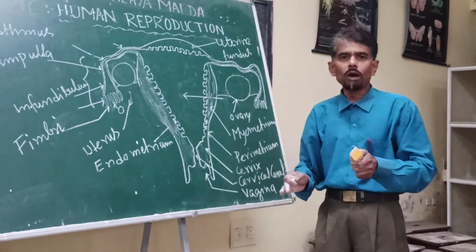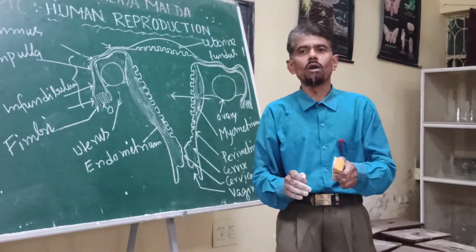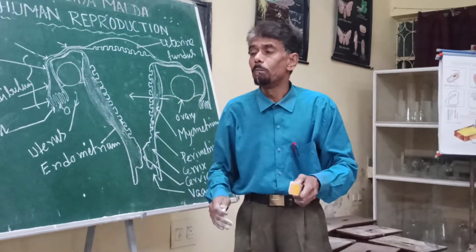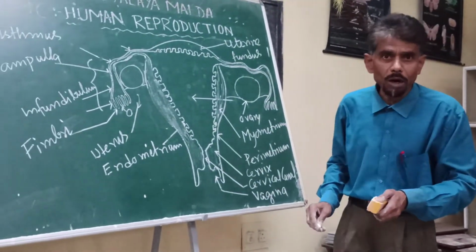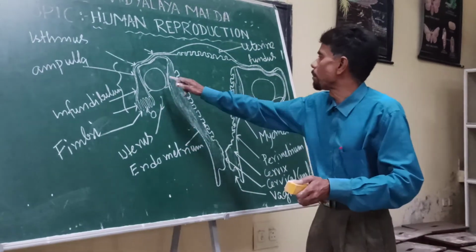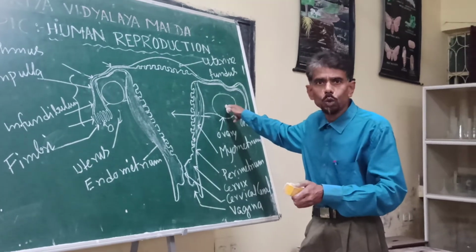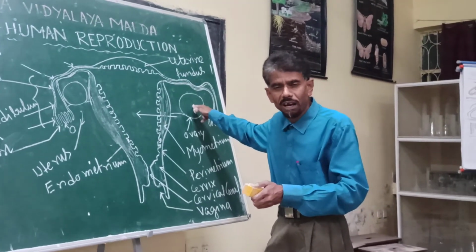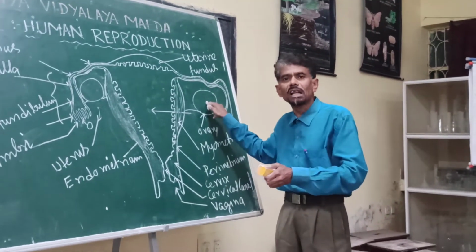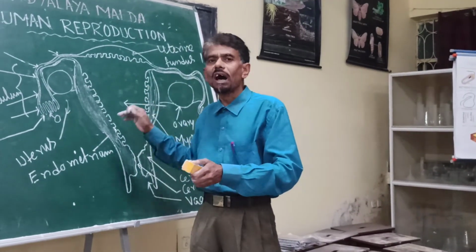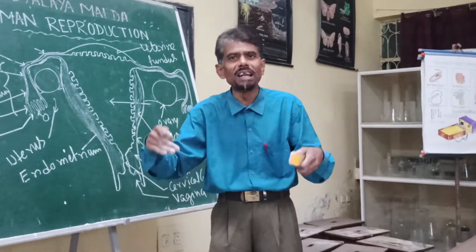The female reproductive system, or female reproductive structure, comprises the primary reproductive organ, which is nothing but a pair of ovaries. Each ovary measures around 2 to 3 inches in length. One ovary is slightly bigger than the other. These two ovaries reside in the abdominal cavity.